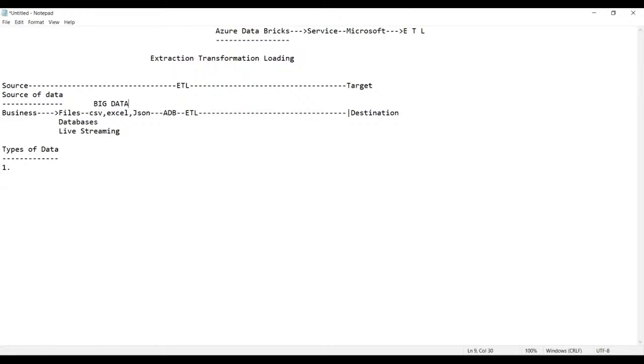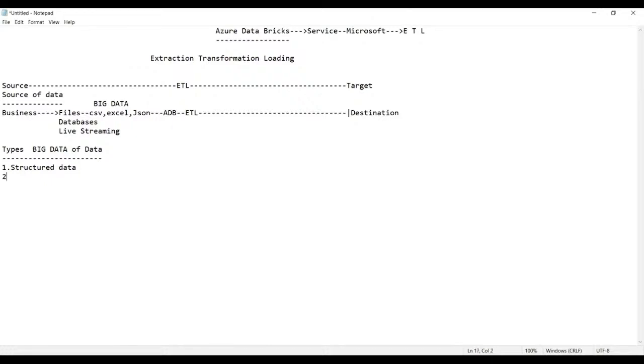Now, guys, let us see the types of data. So generally we have the following types of big data. The first and foremost type of big data we can have is structured data.